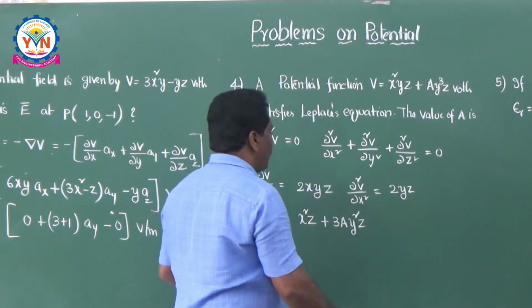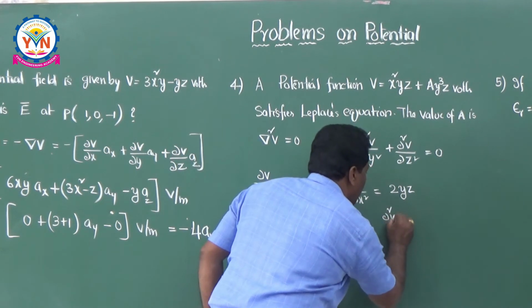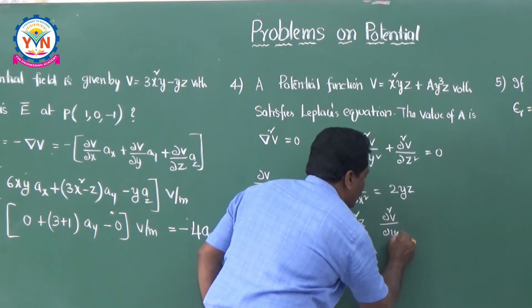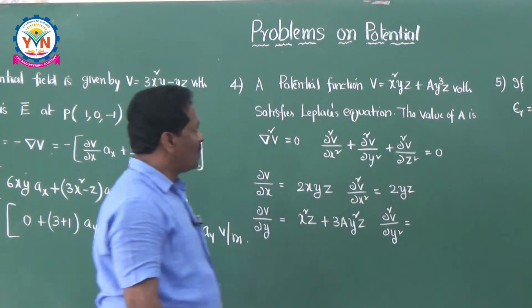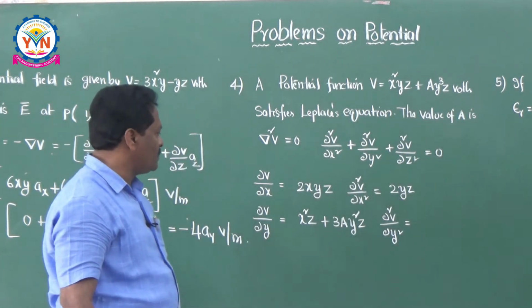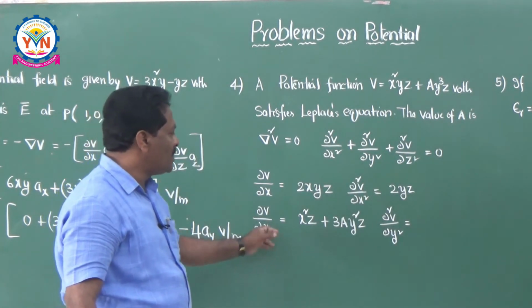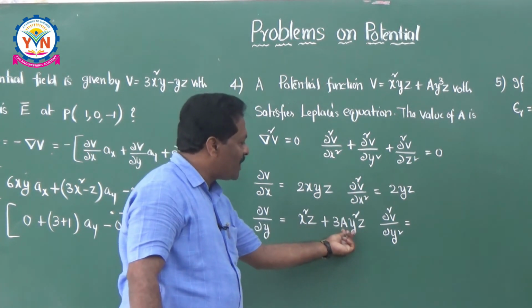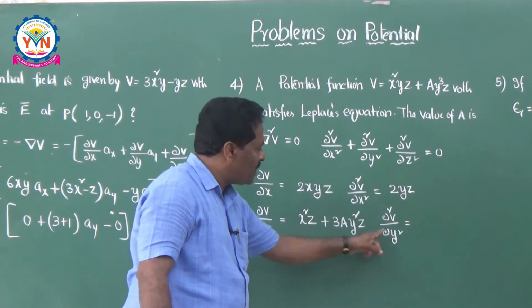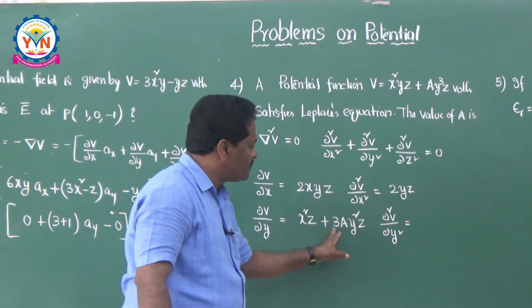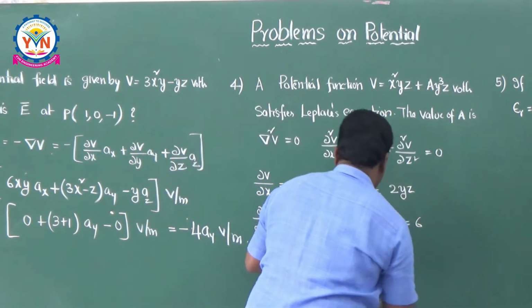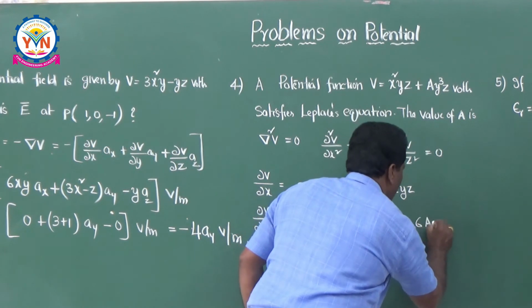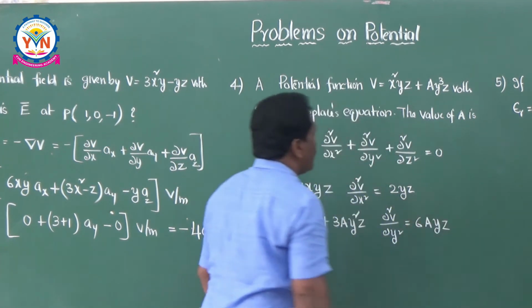So, what is dou square V by dou y square? Once again, with respect to y, differentiating, the first term is 0 and this will become 6ayz.